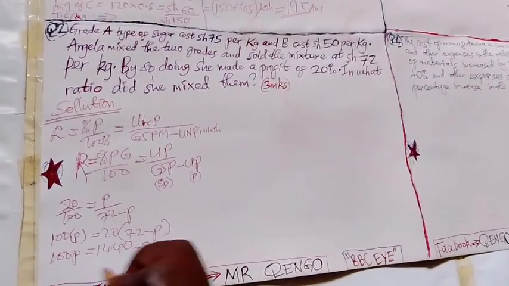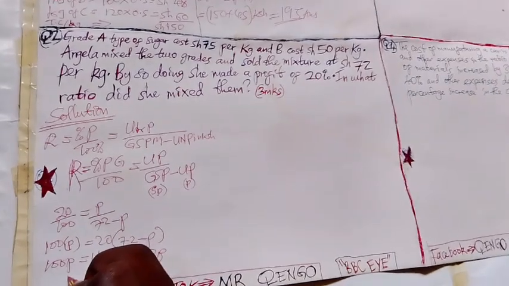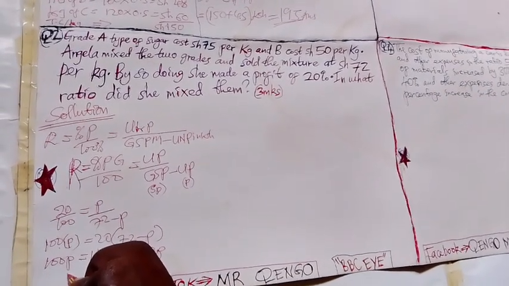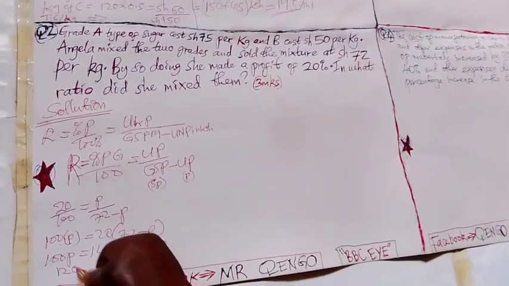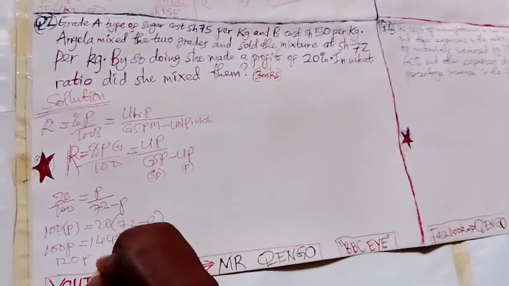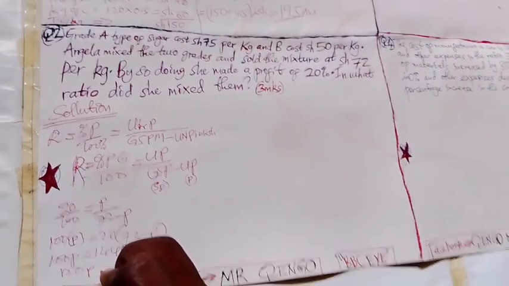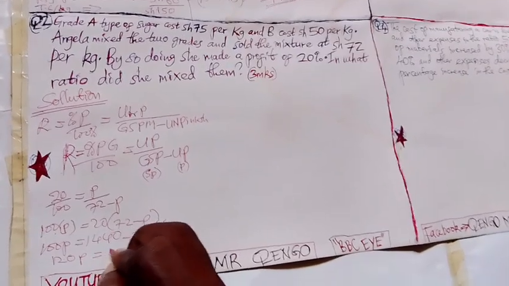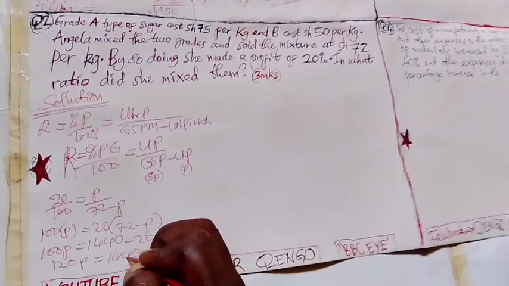Okay, here if you add 20P, we are going to get 120P, because this crosses the equal sign and changes to addition. We say it's equal to 1440.